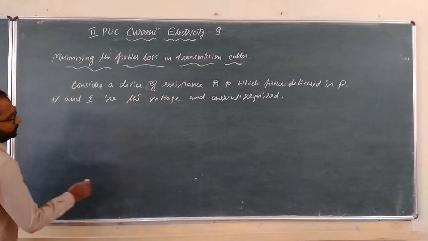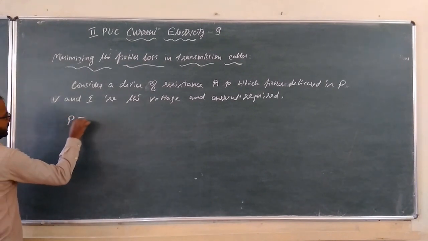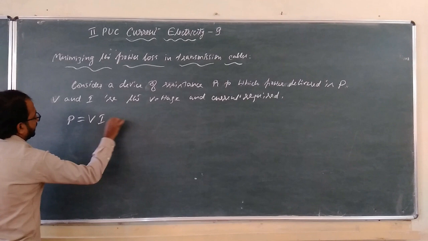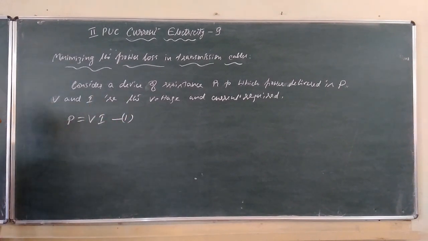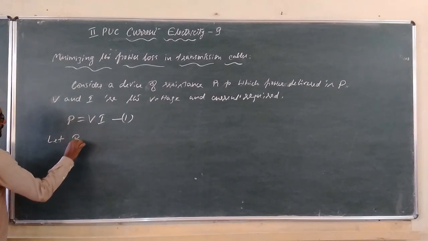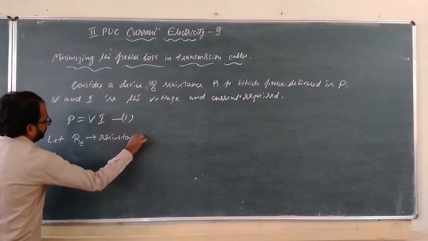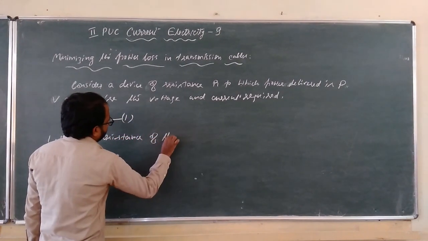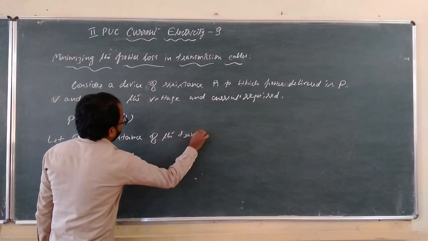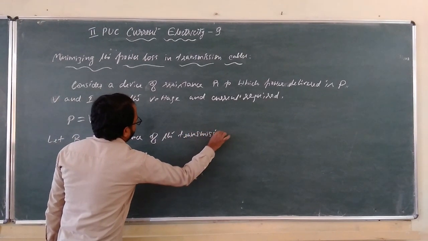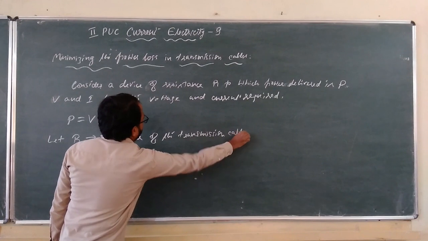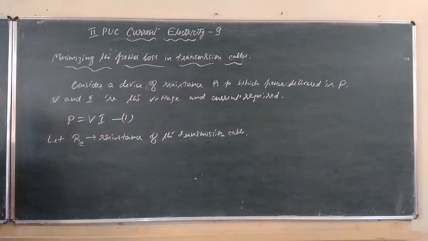Alright. So, what is the power? P is equal to voltage into current. The expression for power is voltage into the current. Let RC be the resistance of the transmission cable.